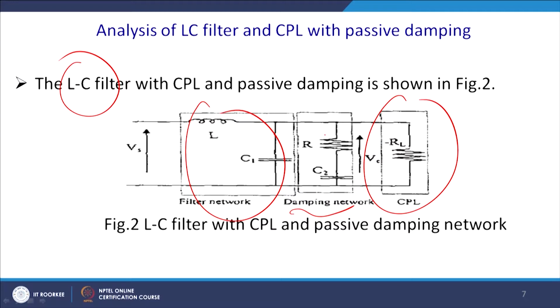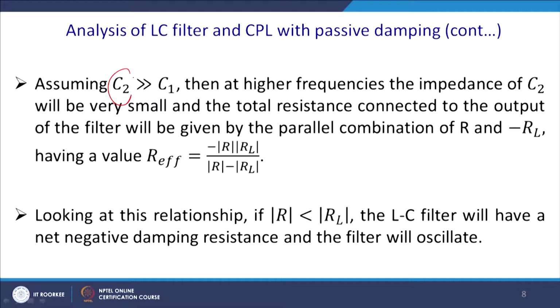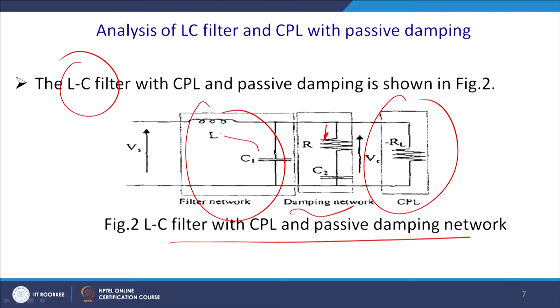This is called passive damping. Since some amount of current will be sinking here, the efficiency of the system will be lower, but you will get rid of the effect of the instability. Please go back to the figure; this is C1, the filter capacitor, and this is a damping capacitor C2.